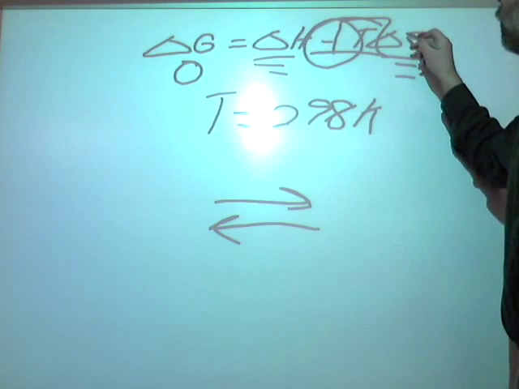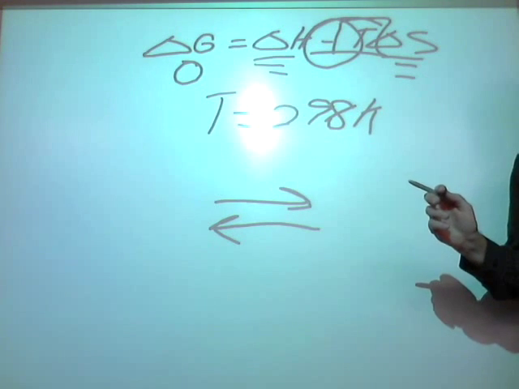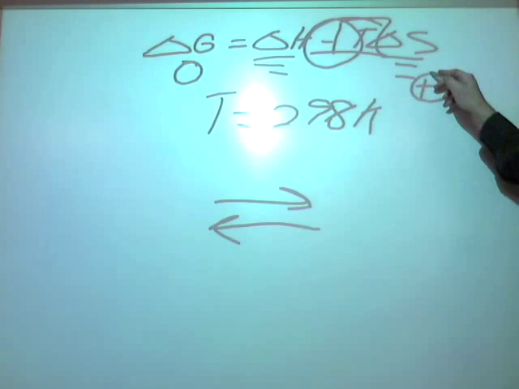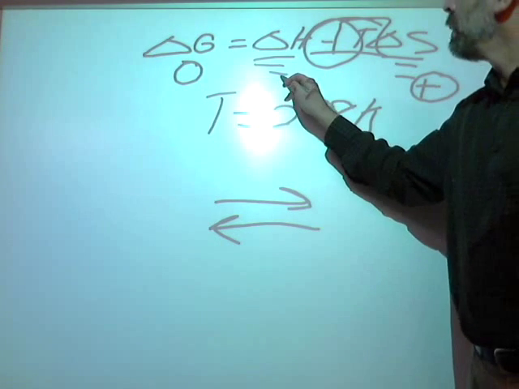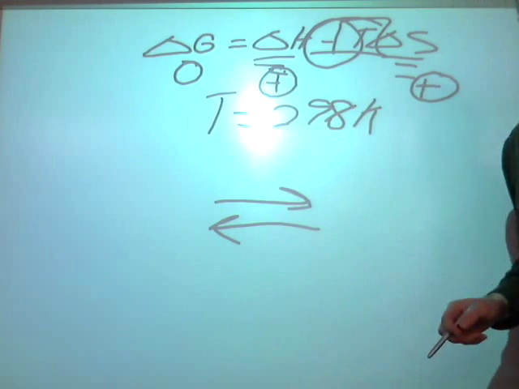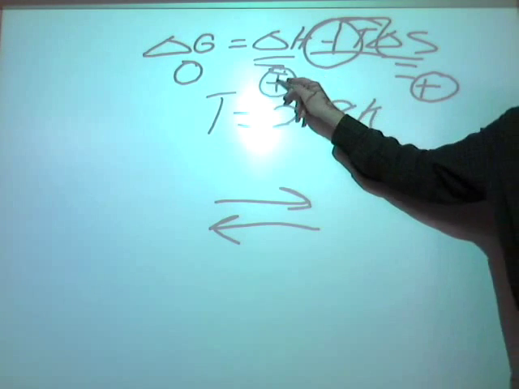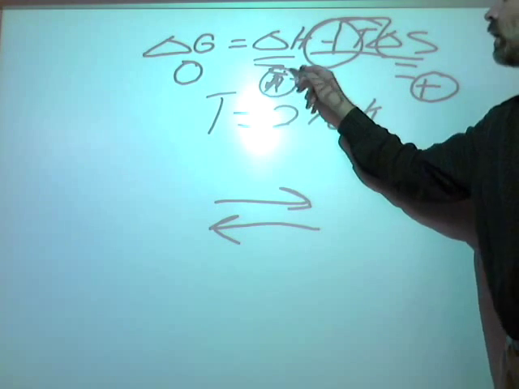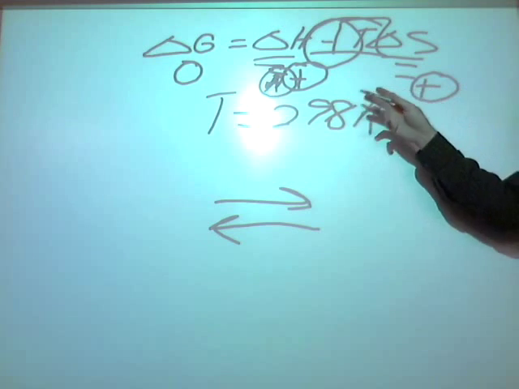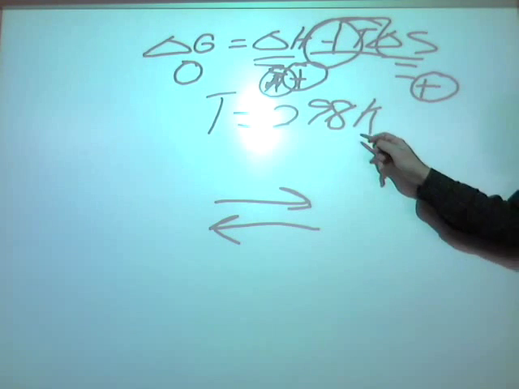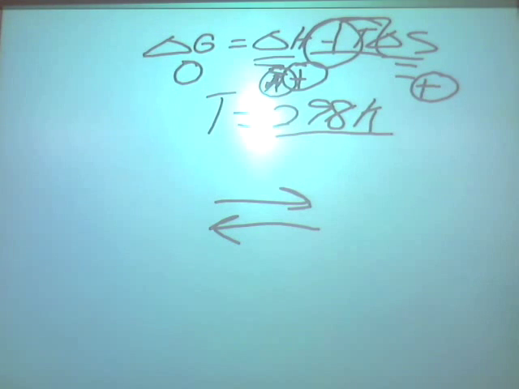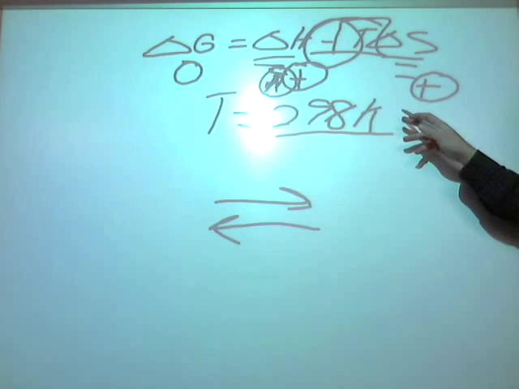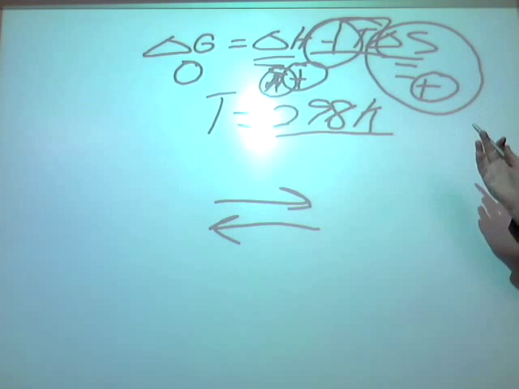That will depend on whether delta S is positive or negative. If I've got a positive delta S and a positive delta H, and 298 is the number I get, if I increase the temperature, I'm making the T delta S term larger, aren't I?